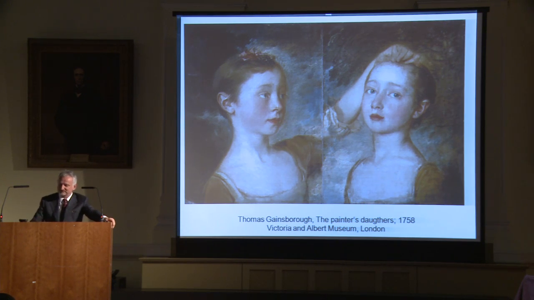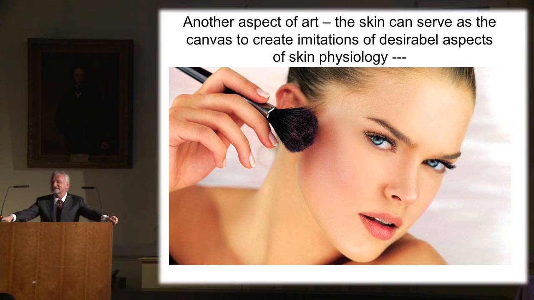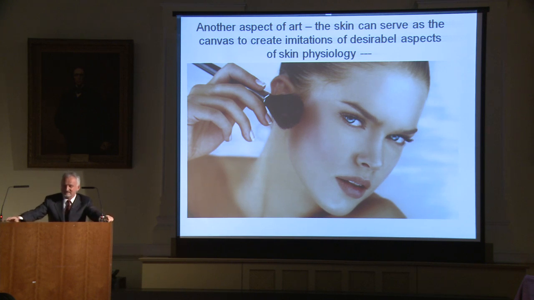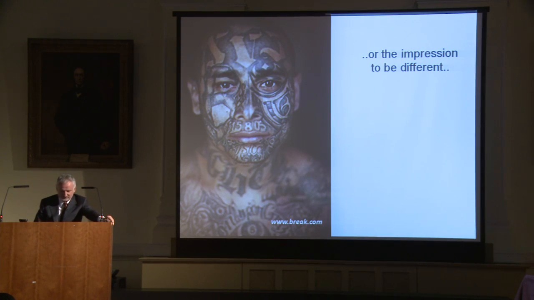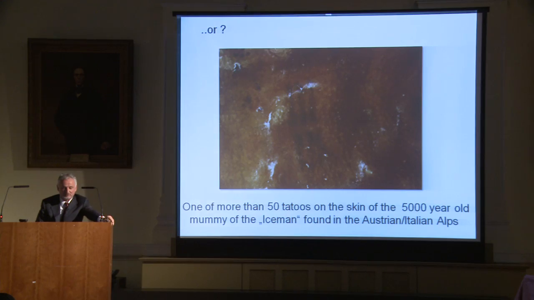And of course, everybody wants to look young, and that's another function of our skin, to serve as a canvas for colors which we put, or some of us put on the skin. Here, in this case, to imitate desirable aspects of skin physiology. In others, to give the impression to be different, to differentiate themselves from other people around them.